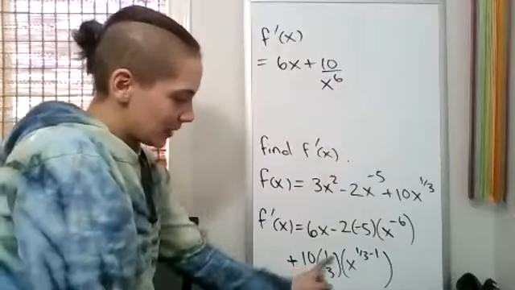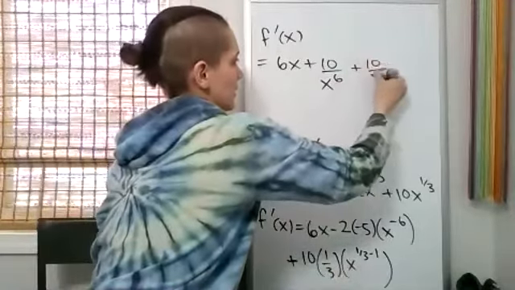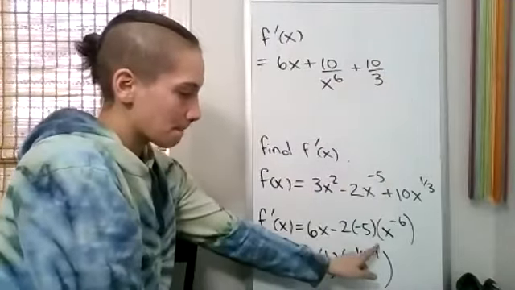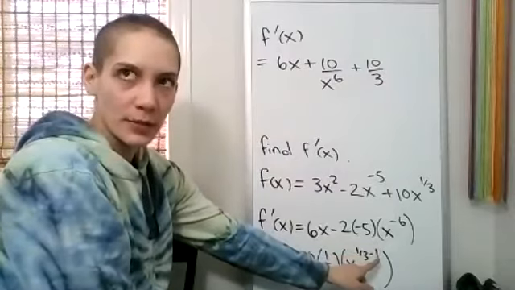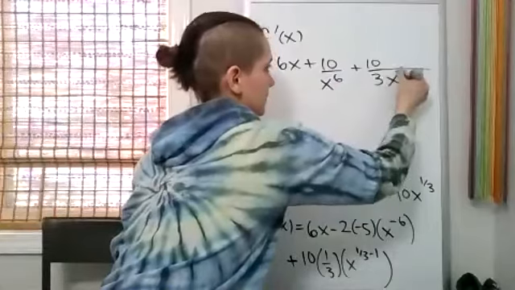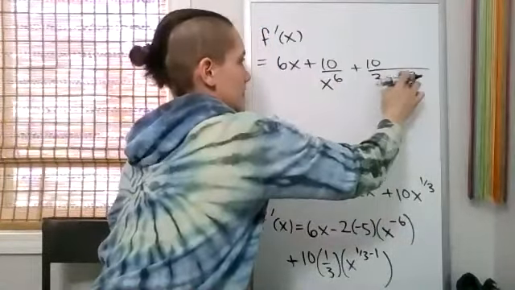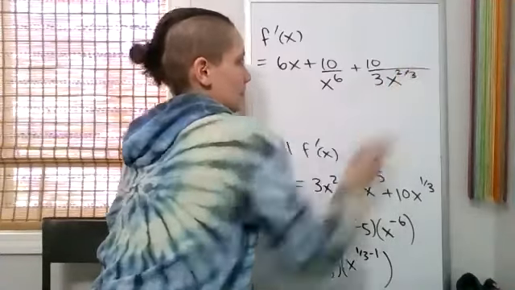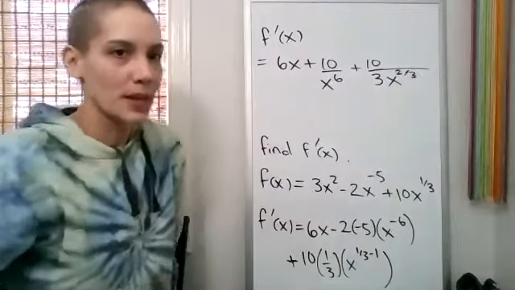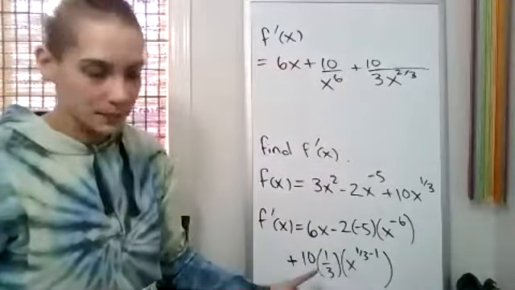And I'm just going to leave it as 10/3 x to the, let's see, 1/3 minus 3/3 will be a negative 2/3. Sweet. Okay, cool. Okay, that part, and we're done.